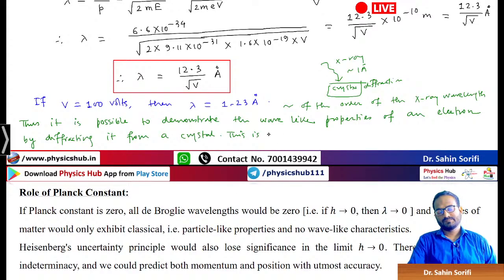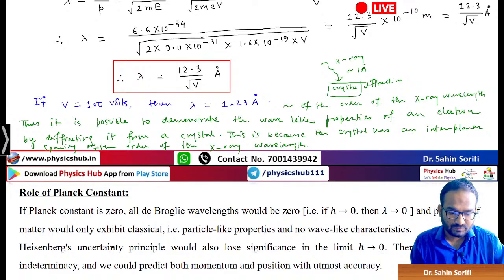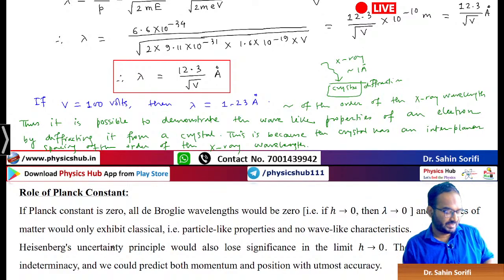This is because the crystal has an interplanar spacing of the order of X-ray wavelength, and the same order of wavelength we are able to generate with the help of an accelerated electron.